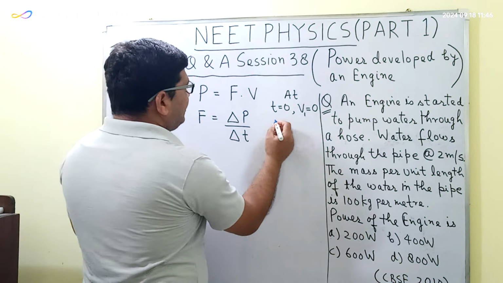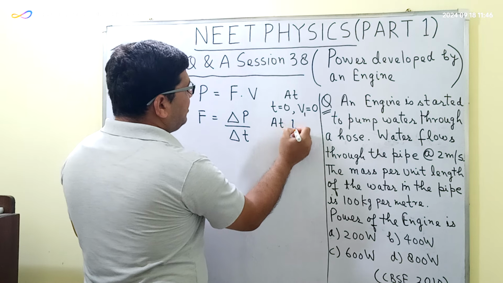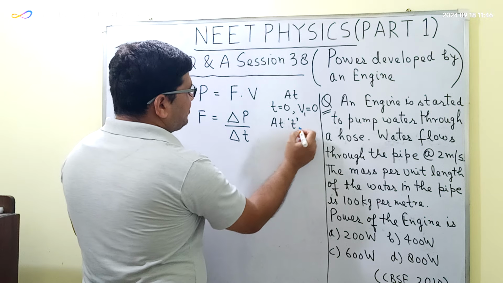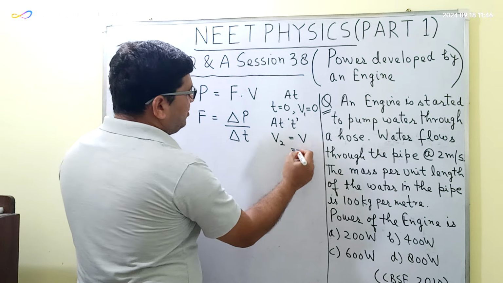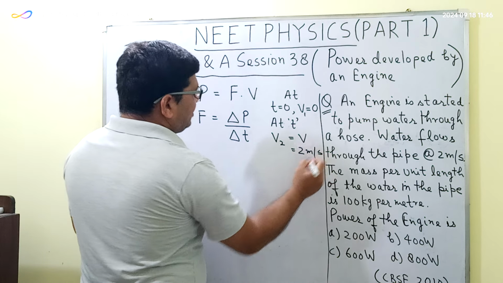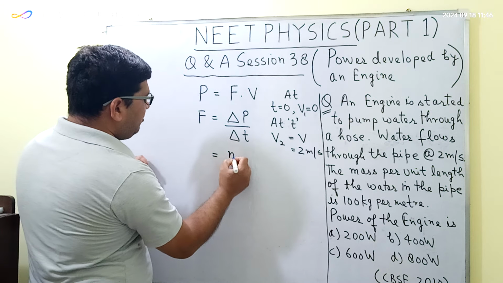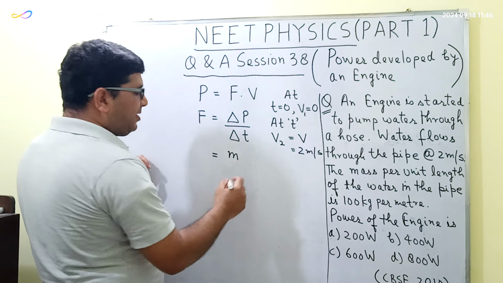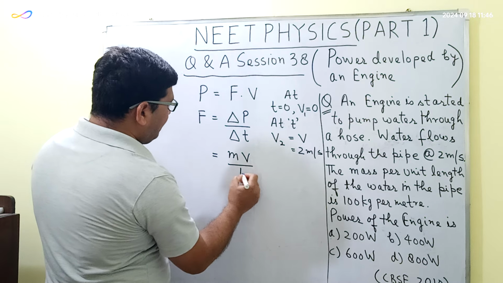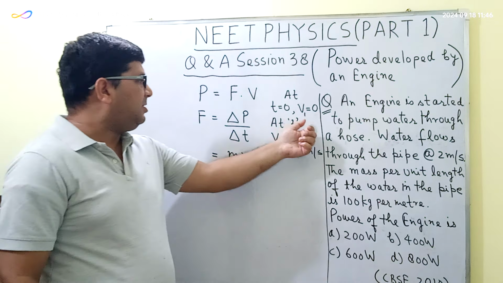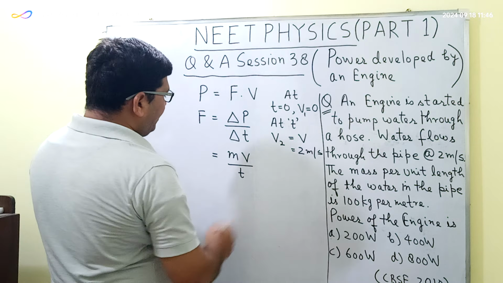So we can say that at any moment of time, say at T, the velocity of the water, say V2, is now equal to V, and this is equal to 2 meter per second. So the change in the momentum will be equal to M, the mass of the water, into V divided by T, because at T is equal to 0, the velocity of the water is equal to 0. So F is equal to mv upon T.